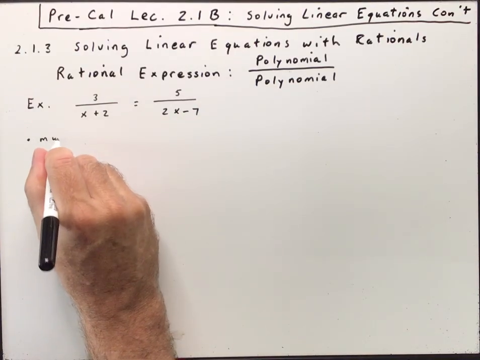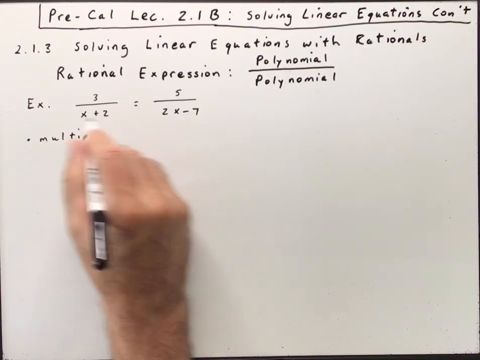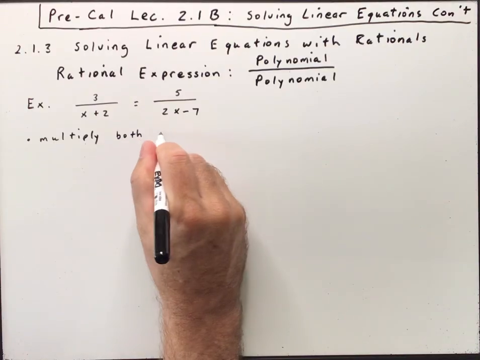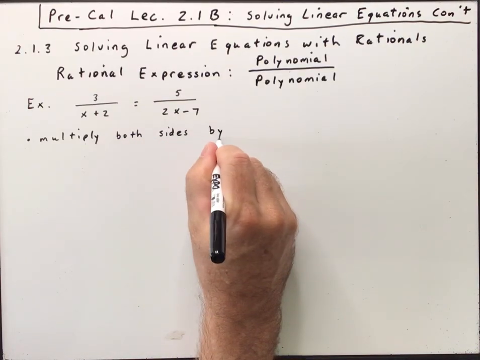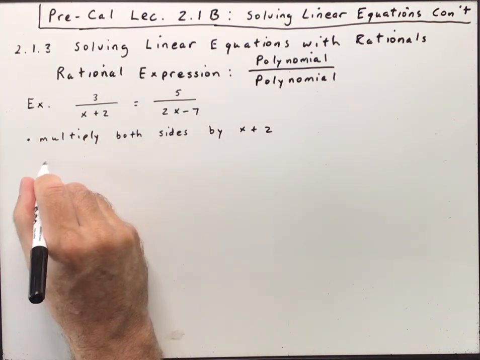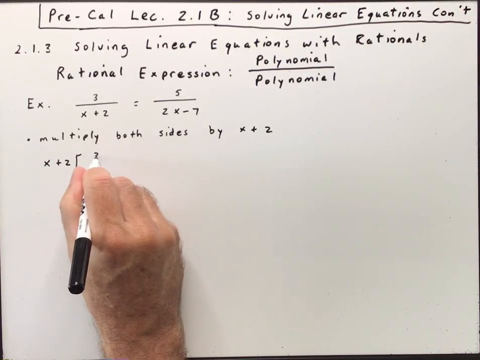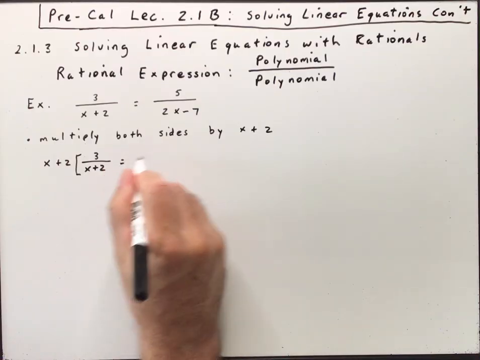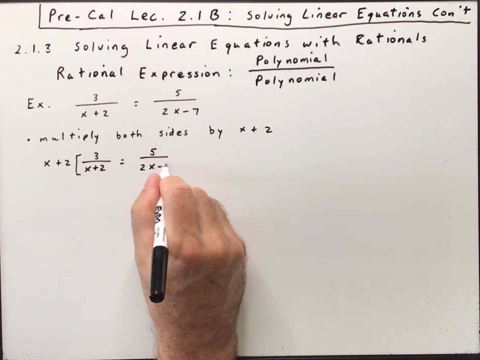We could multiply both sides by x plus 2 in order to try to clear out some of these fractions. All right, so we have an x plus 2 out front, and then we have 3 over x plus 2 is equal to 5 over 2x minus 7.